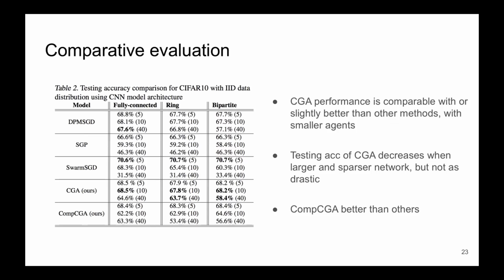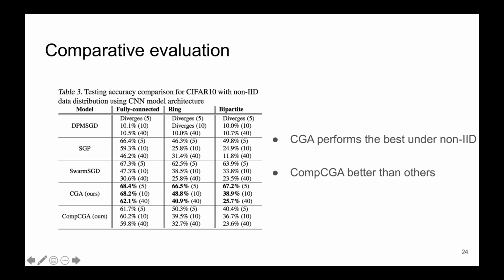Yeah, I know, but this is only for the non-IID case. All these show better convergence. But this paper tries to deal with the non-IID case, right? And here there is a non-IID case. You can see DPM SGD diverges with 5 agents and 10 agents, and also has very low accuracy, right? But their algorithm achieves the best.